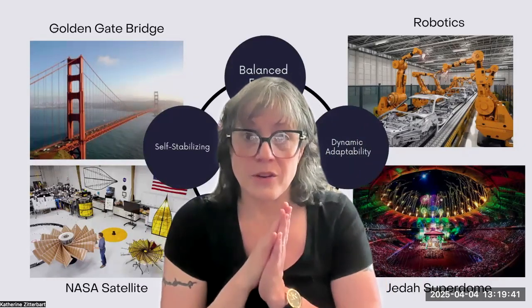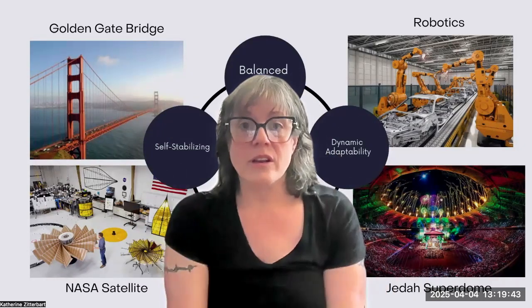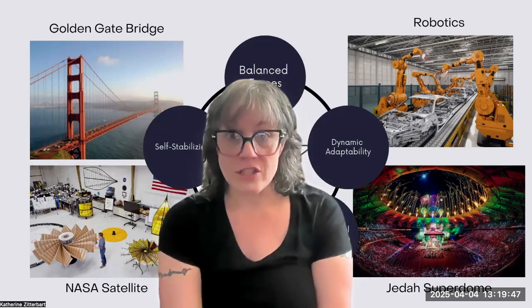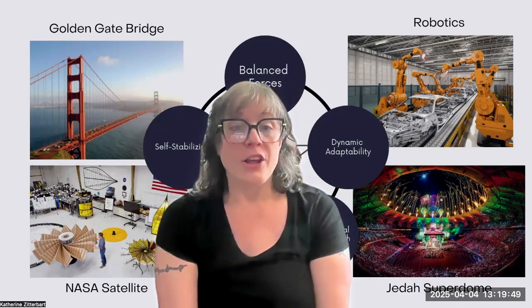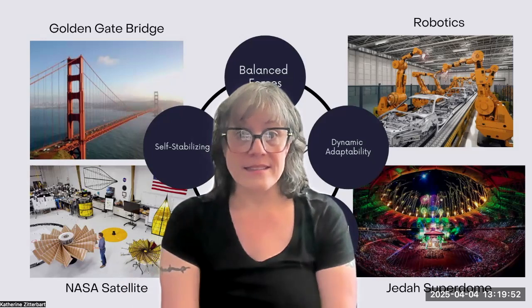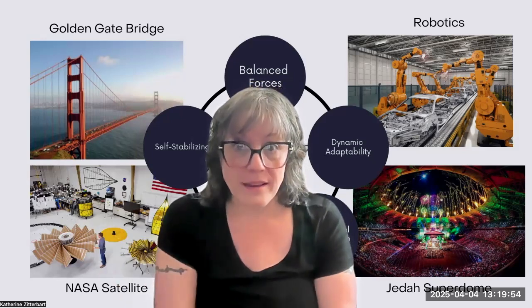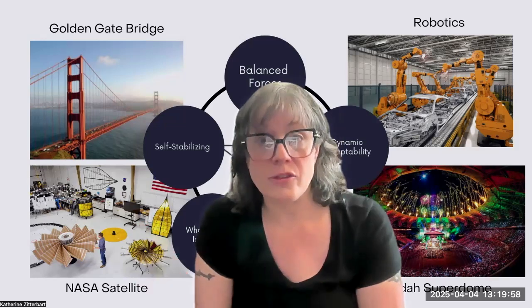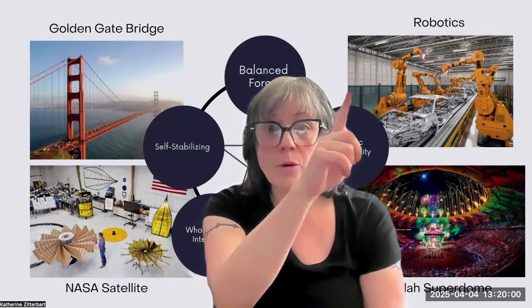Beyond quantum computing, you can see tensegrity in science through a structure here, like the world's largest geodesic dome. You can see it in the way that NASA uses origami principles to build their satellites. This is astrophysics. This is robotics.